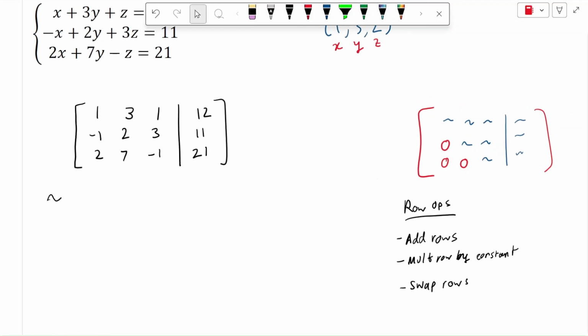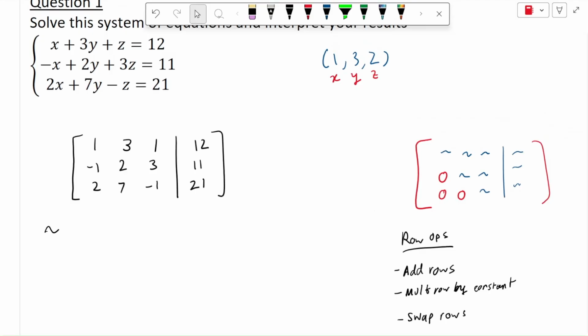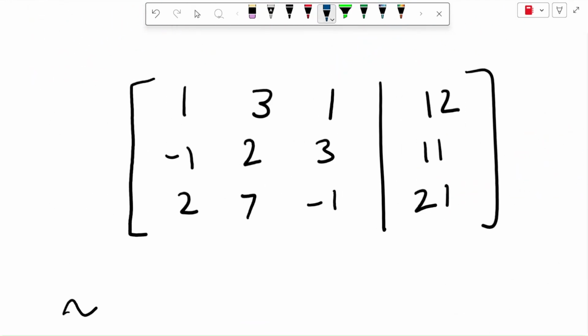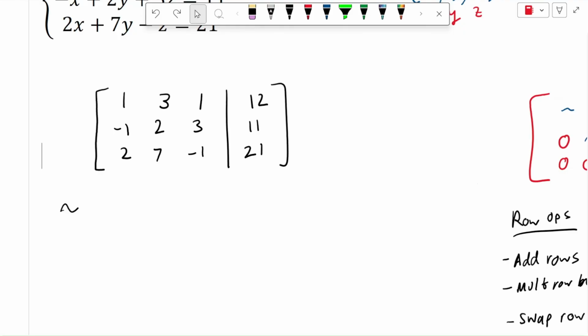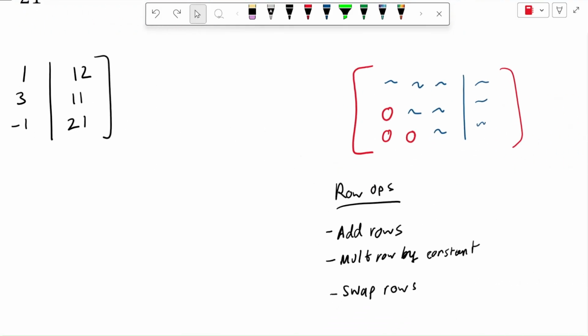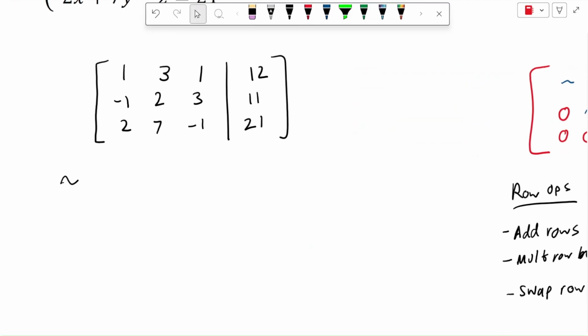We don't see swapping rows a lot. But if we already had zeros here somewhere, like if that number was already a 0, I would swap this row down to the bottom or something, so that, well, probably I'd swap it into the middle spot so that the 0 would be there. But we're not going to be swapping any rows yet. Okay, with row ops, you can do two at the same time. So quite commonly, these two will come as a pair, doing them together.